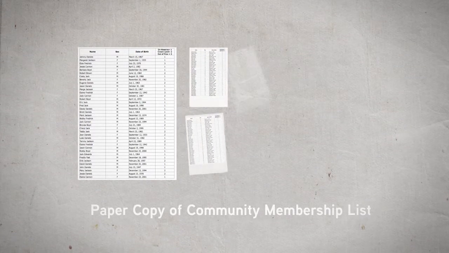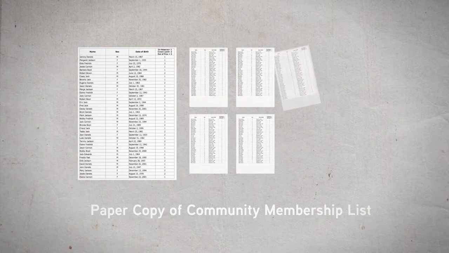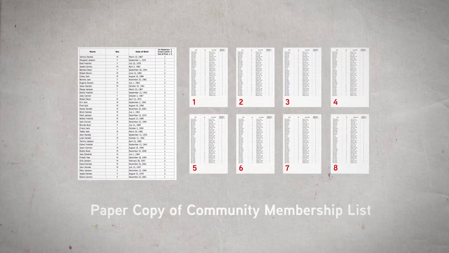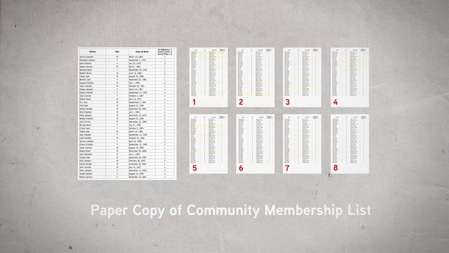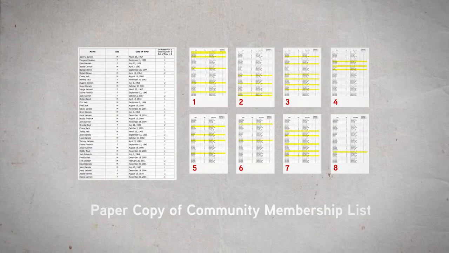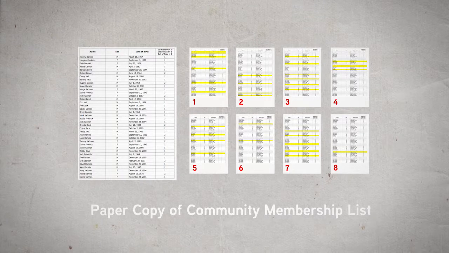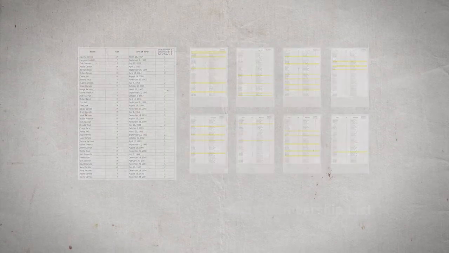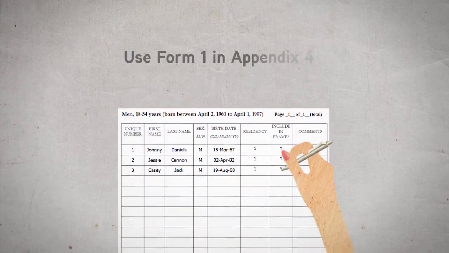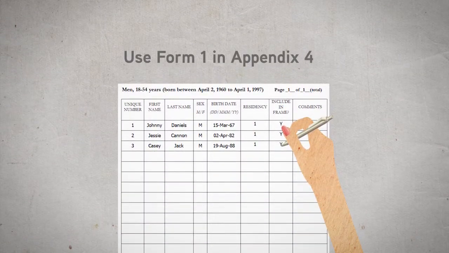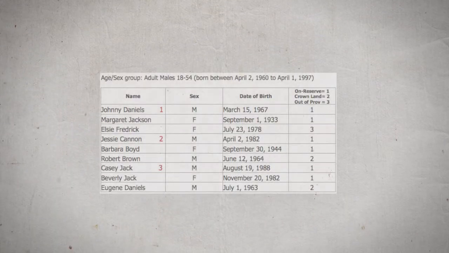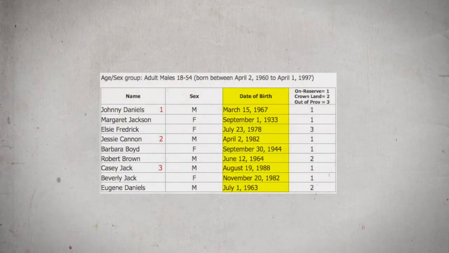The best thing to do in this case is to make 8 photocopies of the community membership list, 1 for each age-sex group. Then go through each list and highlight each person who belongs in that particular group. If a paper copy of a community membership list isn't available, then you have to write those out by hand. Luckily, there's a form designed to help with this. All you need to do is scan the list and use the birthday column to calculate the age of each person on the list.